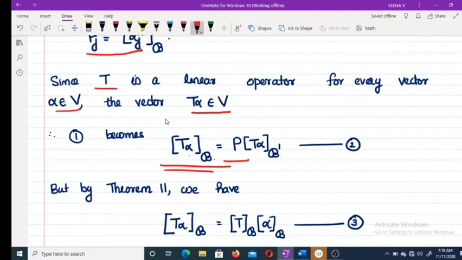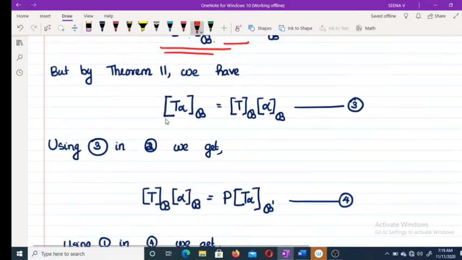But by theorem 11 that we discussed yesterday, we have coordinate matrix of T alpha related to B equal to matrix of T related to B, into coordinate matrix of alpha related to B. Okay.